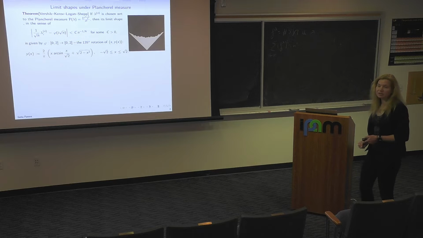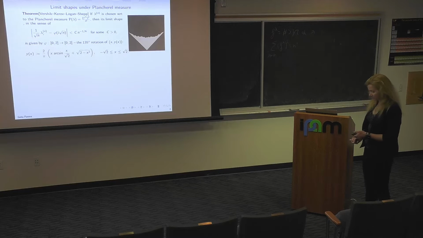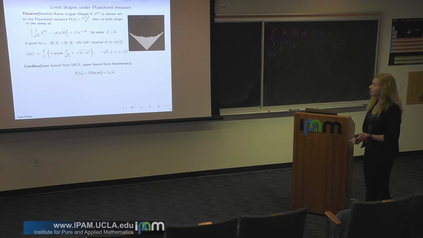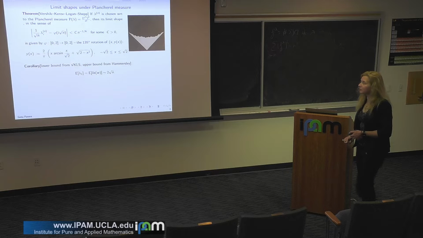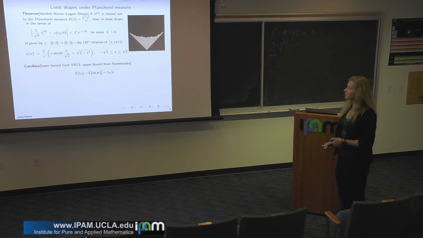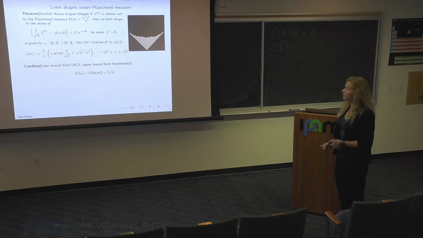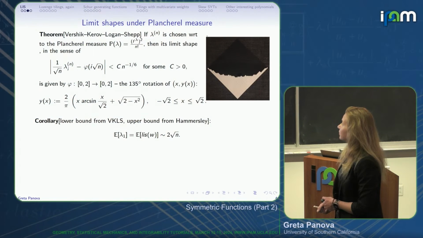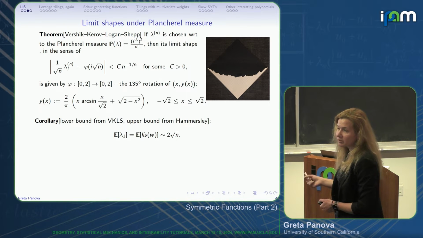So this actually gives us the lower bound on the expectation. And actually, the upper bound can be derived with more elementary means. And both of these combined give us that lambda 1 is approximately 2 square root of n. So square root of 2 here, but there is another square root rescaling. That's why we get 2 instead of square root of 2.